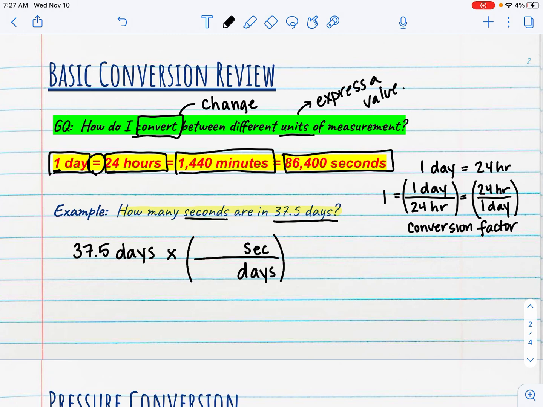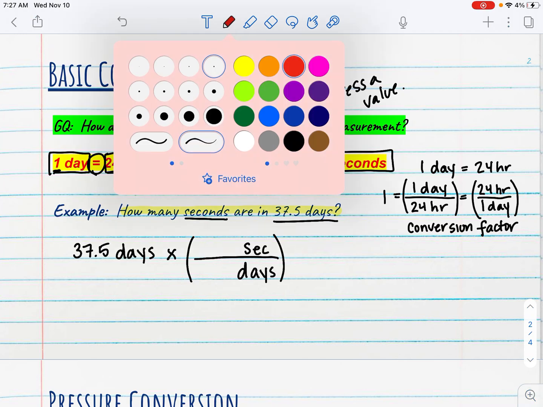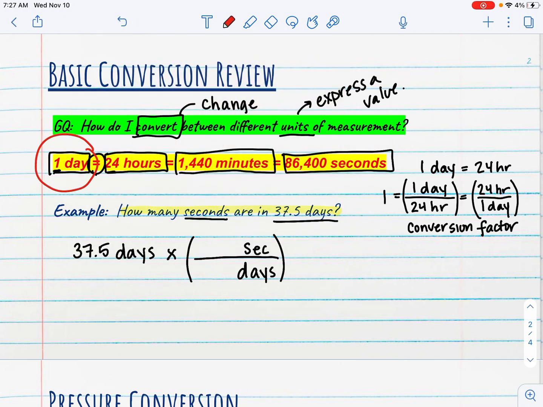Then I check my given relationships. I know up here 1 day, all right, is equivalent to 86,400 seconds. So that's what I put in. So 1 day is equal to 86,400 seconds. Okay. I'm going to set this over 1. Since I see days in the numerator and the denominator, this cancels out, right? What I'm going to actually end up doing is taking 37.5 times 86,400 to get my final answer.